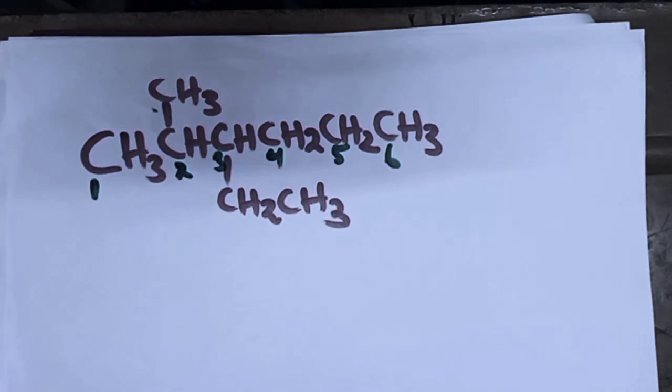After numbering, you identify and number the substituent groups using locants or numbers. By the way, we came up with the parent name.